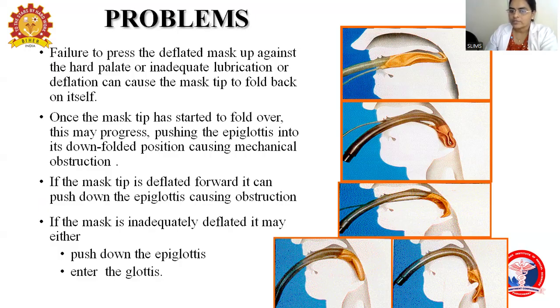In the second figure, if the mask tip is deflected forward, it can push down the epiglottis, causing obstruction. So the downfolding of the epiglottis may obstruct it. If the mask is inadequately deflated, it may either push down the epiglottis or enter the glottis.